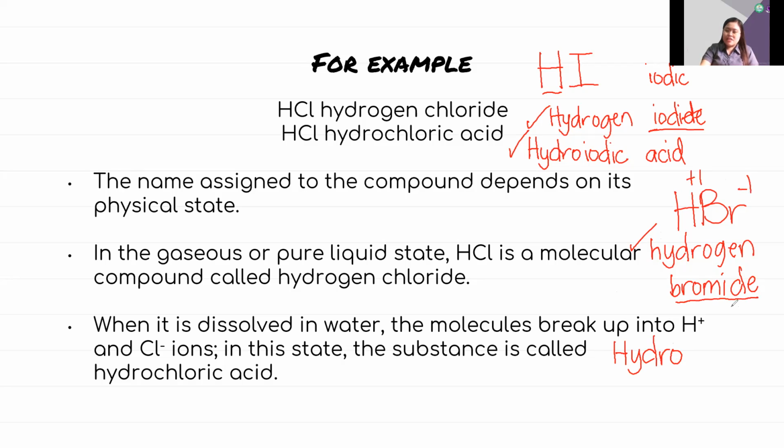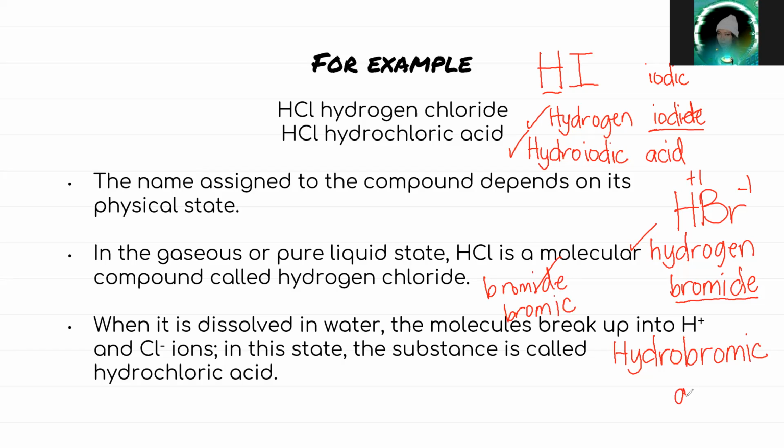So, bromide. Pero instead of bromide, we'll get rid of the IDE. Tanggalon nato ni, and then ipalit nato si IC. And then idugtong nato siya diri sa hydro. So this will become hydrobromic acid. Okay, hydrobromic acid.